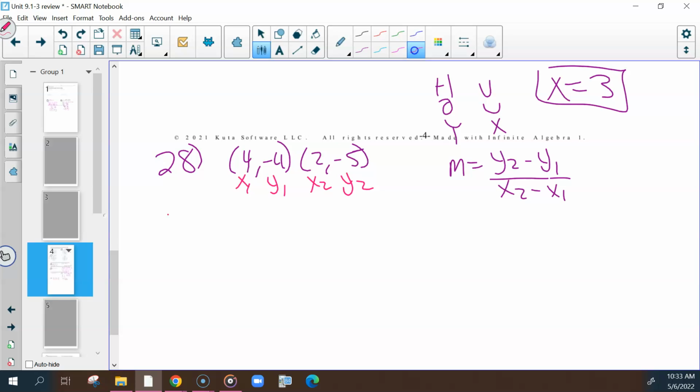So this would be negative 5 minus negative 4 over 2 minus 4. Negative 5 minus a negative would be plus 4, so negative 1. 2 minus 4 would be negative 2. Simplify always, our negatives would cancel and become positive.